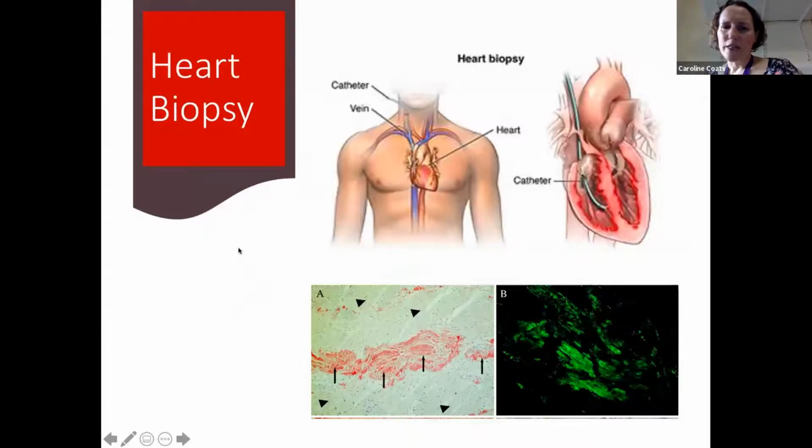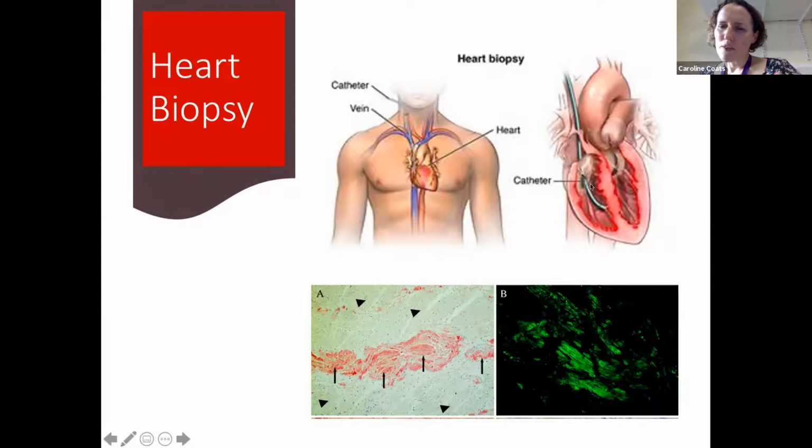Traditionally, amyloidosis was diagnosed with a heart biopsy when it affected the heart. Now you see here the procedure involves putting a catheter into the vein in the neck and passing a pronged instrument down inside the heart. It's not a particularly nice procedure to do, and it's not particularly nice to have done.